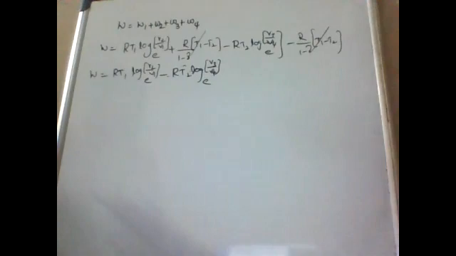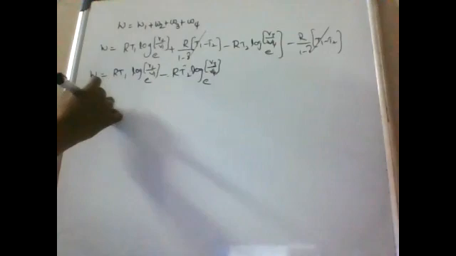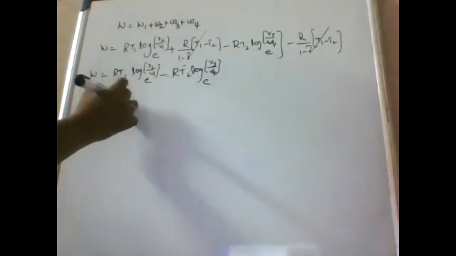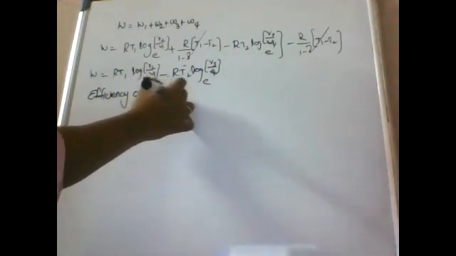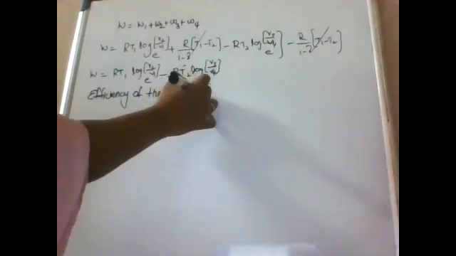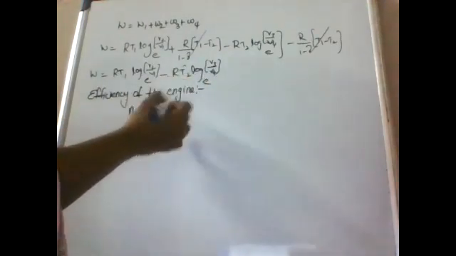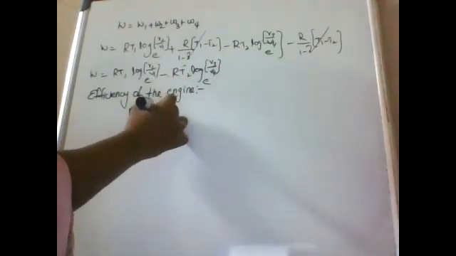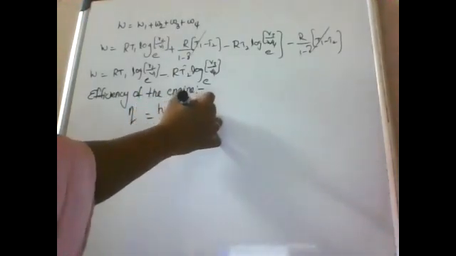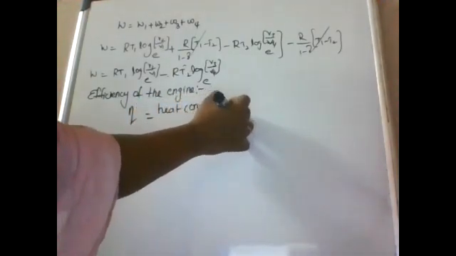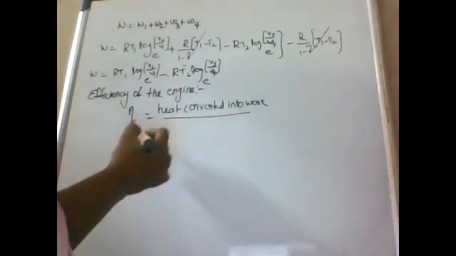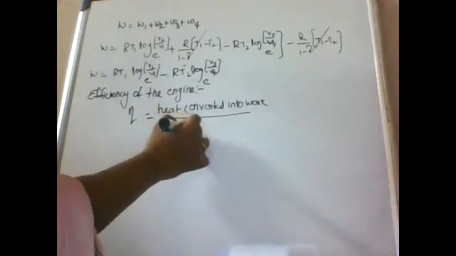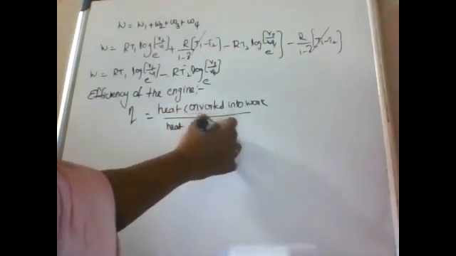Next, here we have to find the efficiency of the engine. Efficiency is represented with the letter eta. So the efficiency of the engine, eta, equals heat converted into work by heat taken.